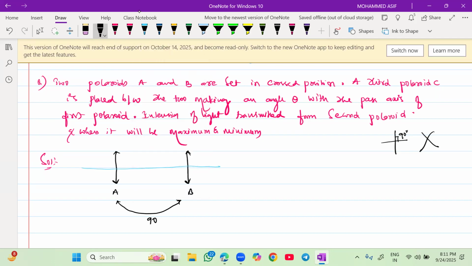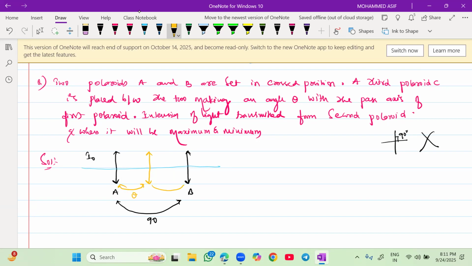So here the intensity of the light is right now I naught. What does it say next? Two polaroids A and B are set in a cross position. A third polaroid C is placed between the two, making an angle of theta with the pass axis of the first polaroid. That means somewhere in between these two there is a third polaroid, which makes an angle theta with the first.